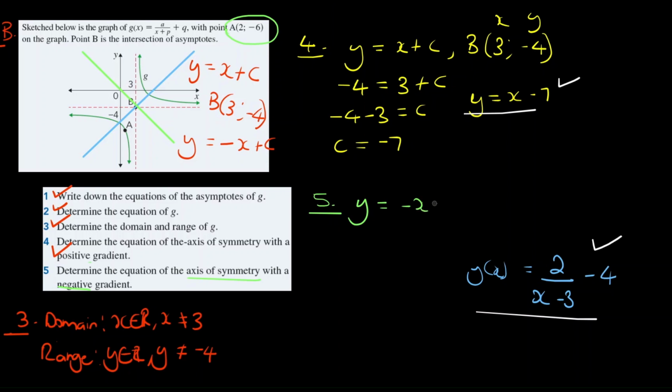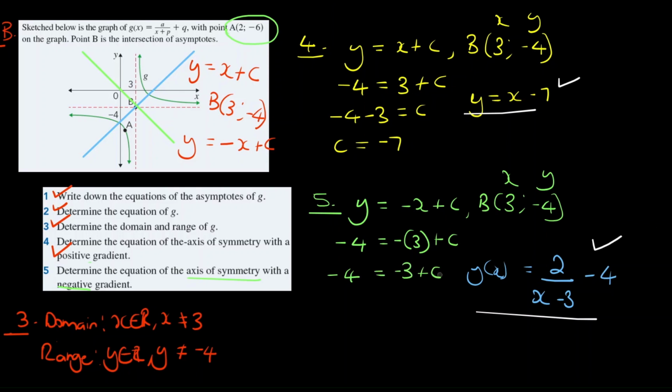So y equals negative x plus c, and we know it passes through point B, which is (3; -4). We can substitute it into the equation, which will be negative 4 equals minus the x value, 3, plus c, so negative 4 is equal to negative 3 plus c.